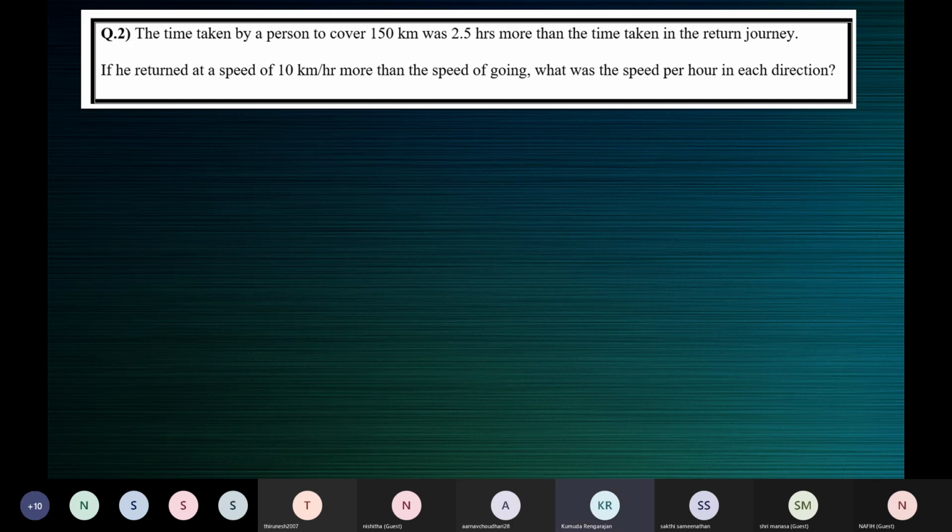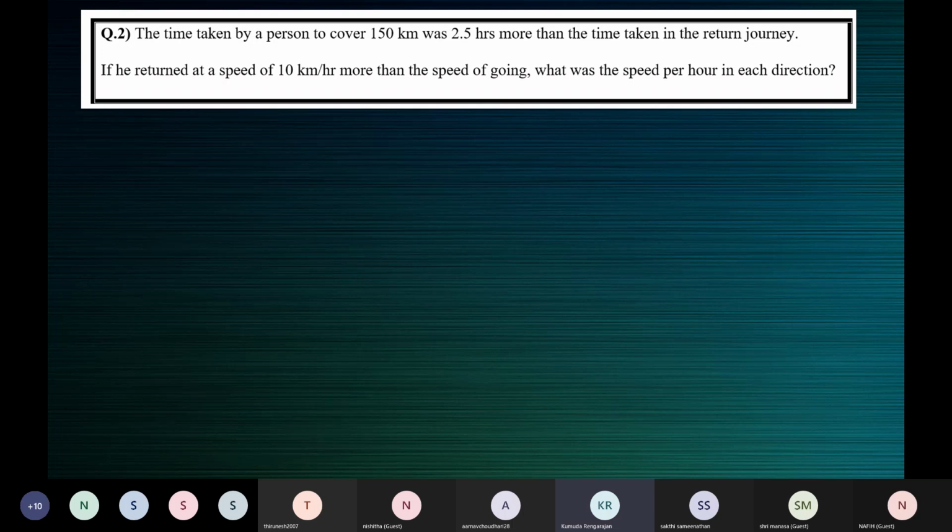So there's a person who's covering a distance of 150 kilometers and he takes 2.5 hours more than the time taken in the return journey. So that means it takes 2.5 hours more for the onward journey.